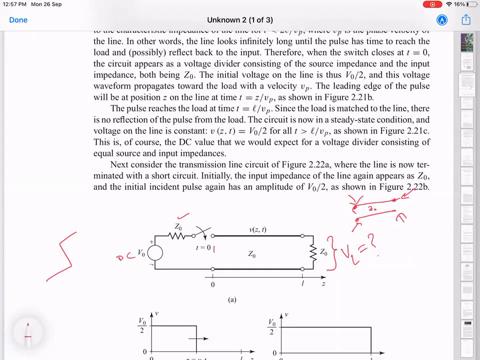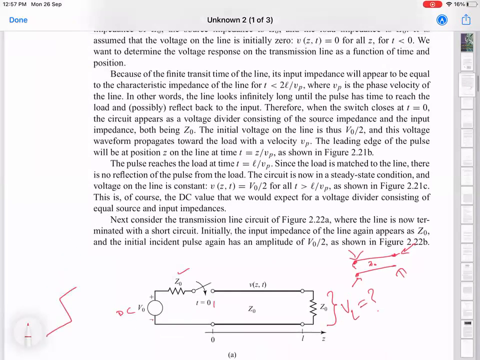So the question is now, when you turn the switch on, what is the voltage at this point exactly at that time? So when we just switch on, we don't know that there is some Z naught there. No.